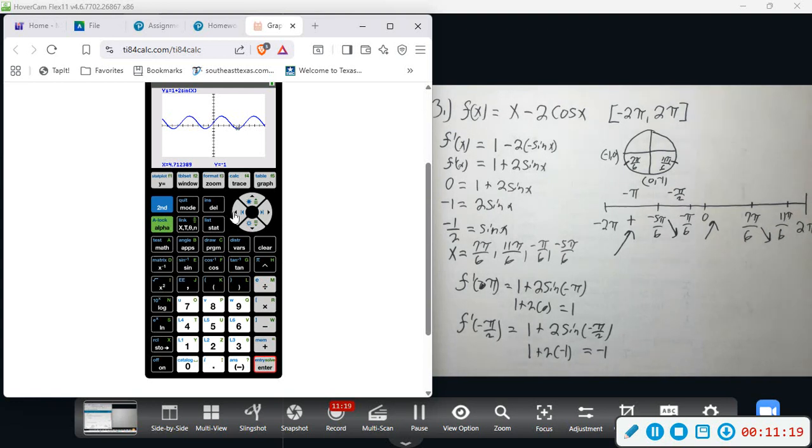And that'll give me a midpoint. So I'm going to just do parentheses. I'm going to say x is going to be 11 pi divided by 6 plus 2 pi.